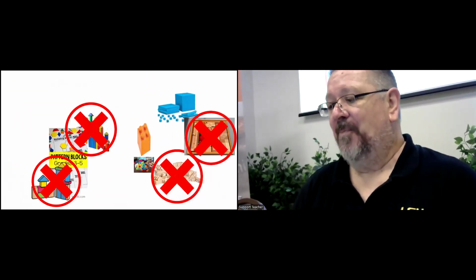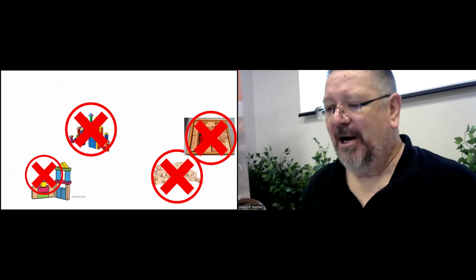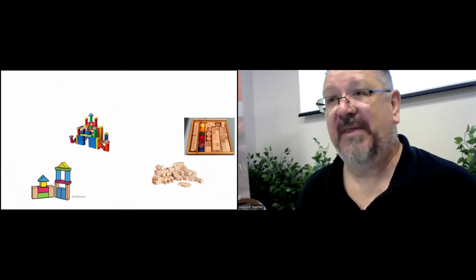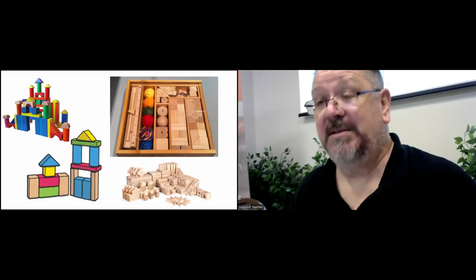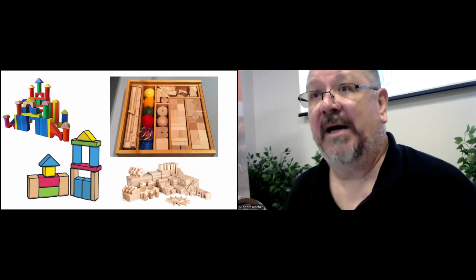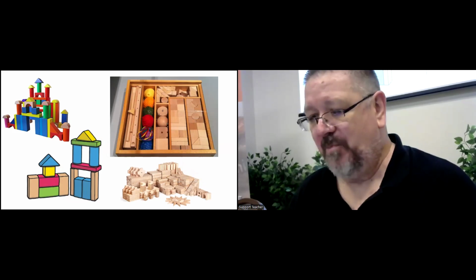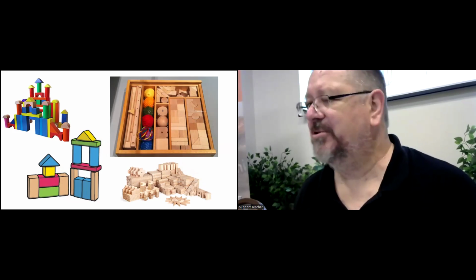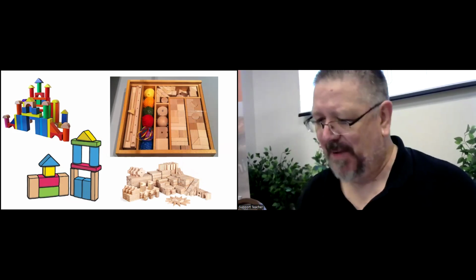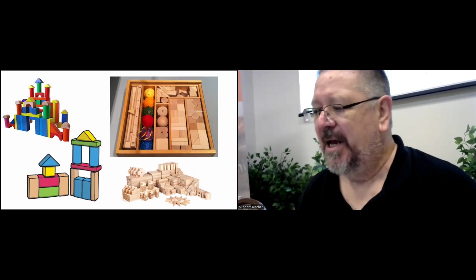So what I want to talk about today is really these blocks, the ones that are very simple, all right, not high tech. They're usually made of wood. Actually, those are the best ones, right? The ones made of wood, they have tactile sensibility. They might be painted, they might be unpainted.